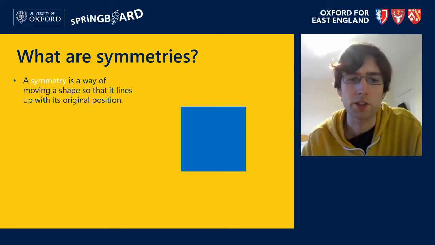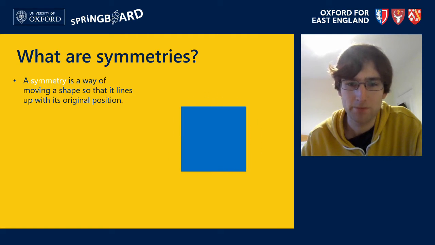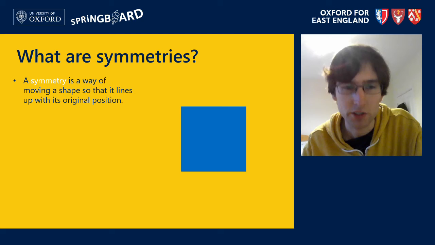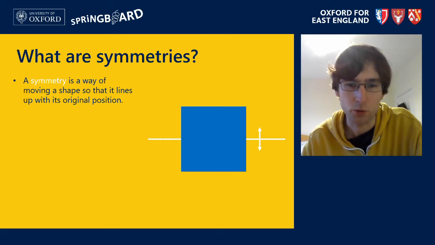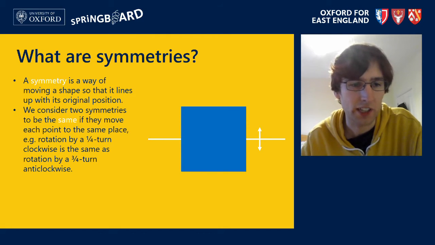A symmetry is a way of moving a shape so that it lines up with its original position. For example, you can rotate a square by a quarter turn clockwise, or you could reflect it about the horizontal axis, say. And we also need to add the following to the definition.